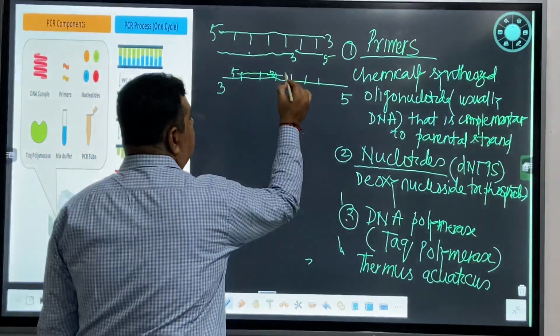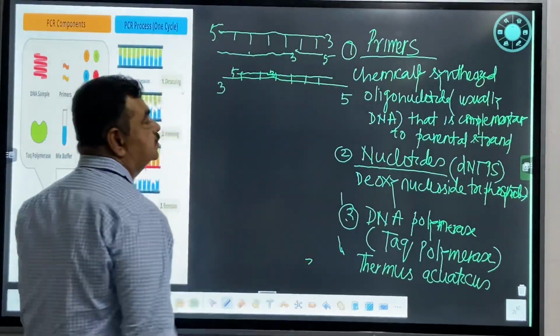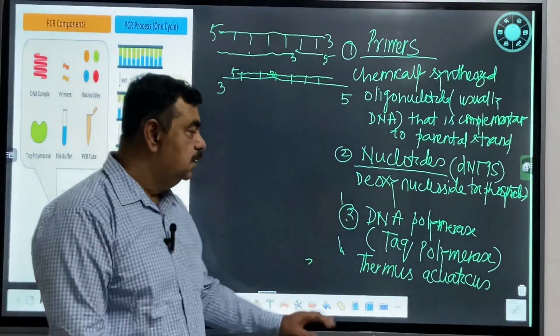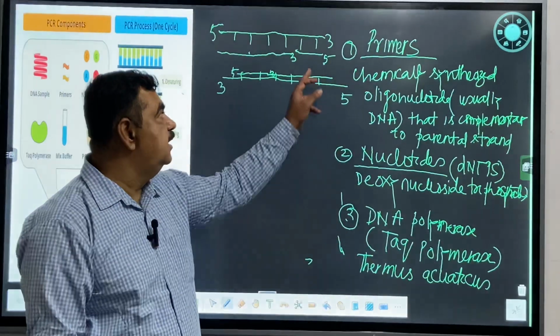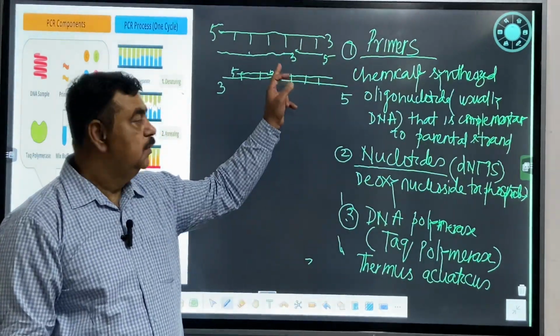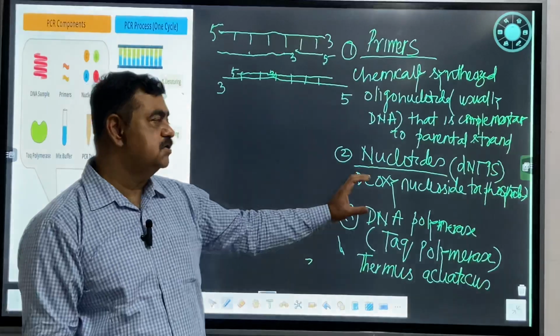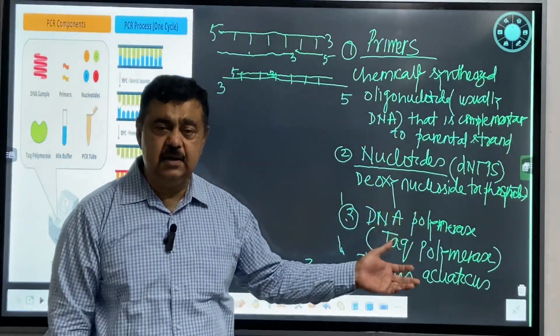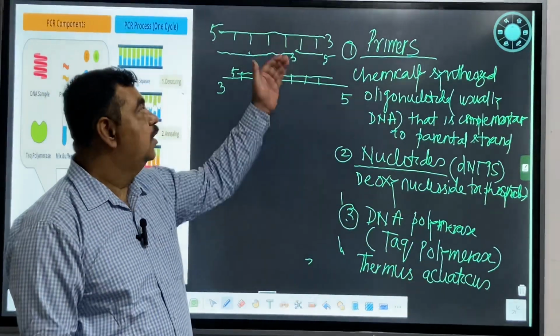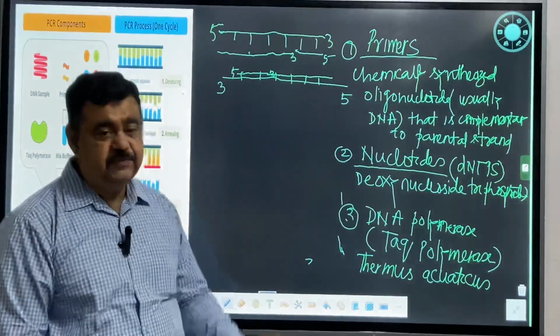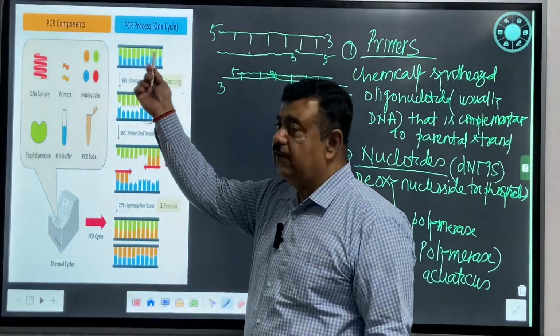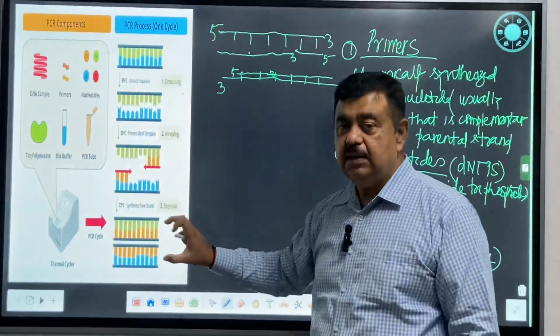So what is the Taq polymerase doing here? It is extending the primer by using the deoxynucleoside triphosphates in the reaction on the basis of the parental strand. And due to this event, the one copy of DNA now becomes double.